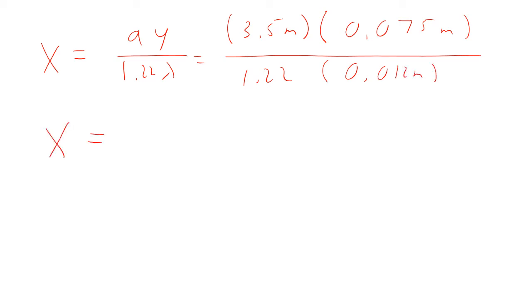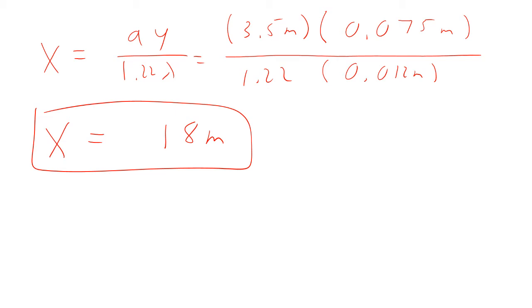Okay, and so x comes out to be about 18 meters. So using that particular radar frequency, you have to be within 18 meters in order to resolve two vehicles that are about 3.5 meters apart, side by side.